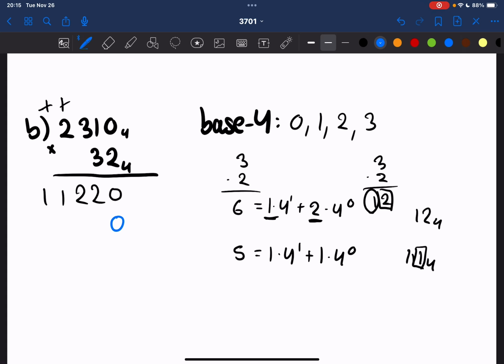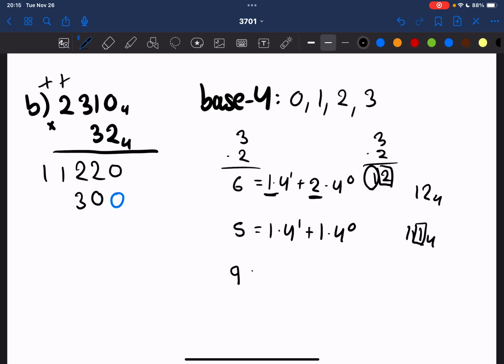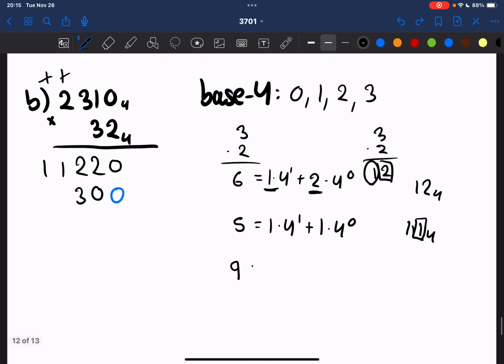So let's do 3 times 0. Well, that's just 0. 3 times 1, that's 3. That's fine. Fits in. We've got 0, 1, 2, 3. 3 times 3, well, that's 9. So 9 we can't store in just the digits 0, 1, 2, and 3. So we're going to need to rewrite it in base 4. What is 9?